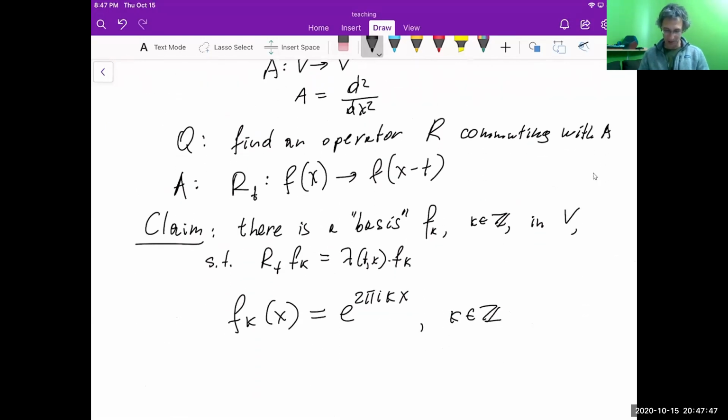complex exponents are eigenbases for derivatives.